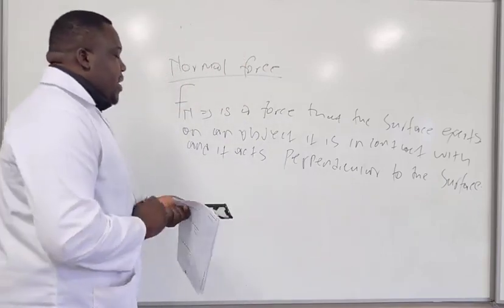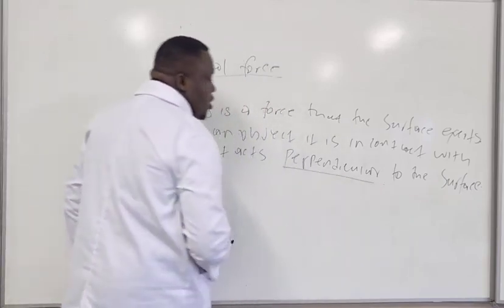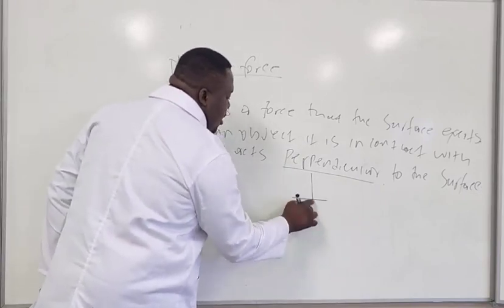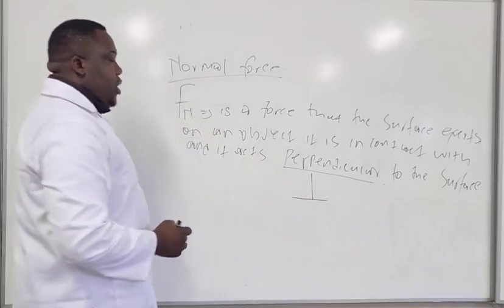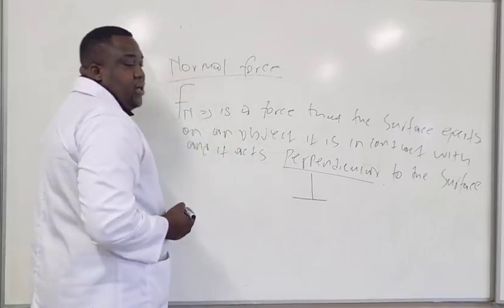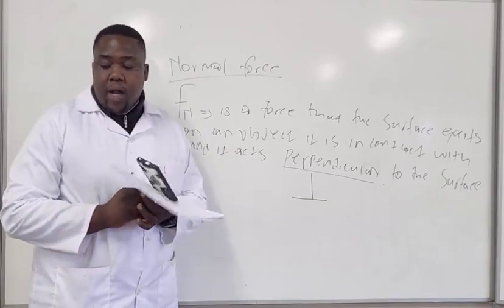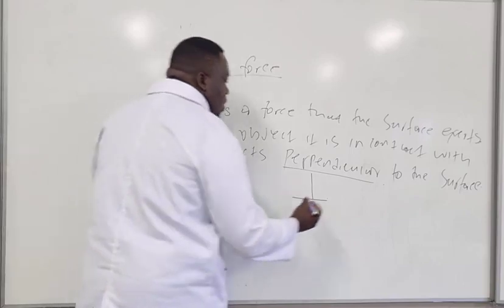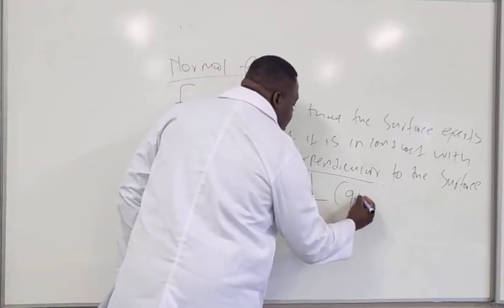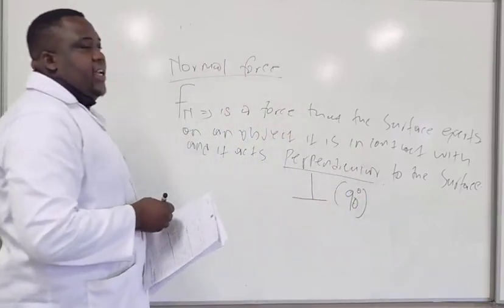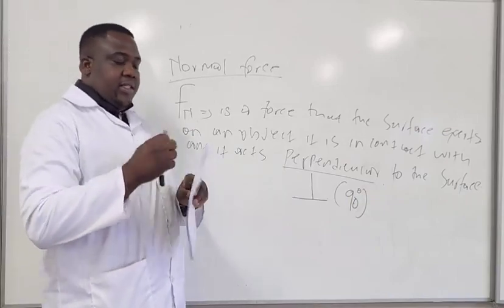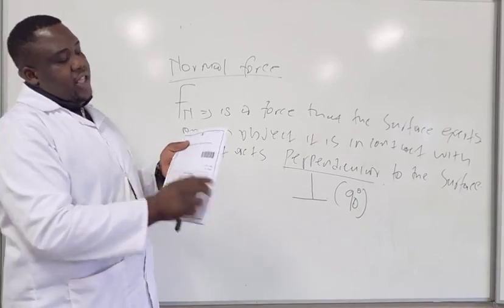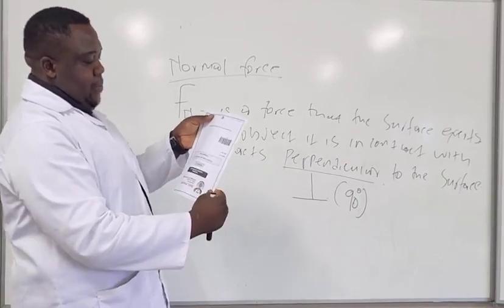So what do we mean by this word perpendicular? In maths we use a T which is upside down to represent perpendicular. When we talk about perpendicular, we are talking about meeting at an angle of 90 degrees, just like the corner of a goalpost, just like the corner of this question paper.